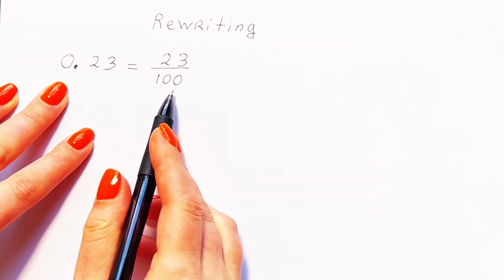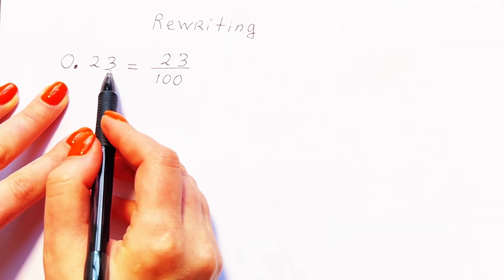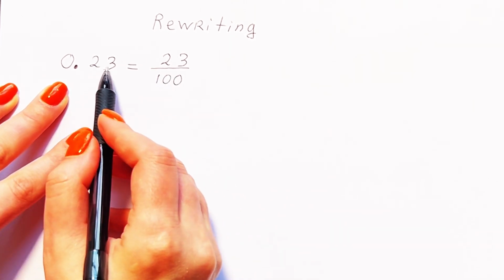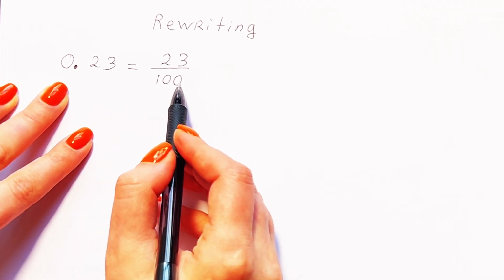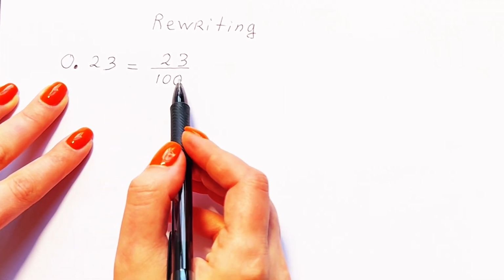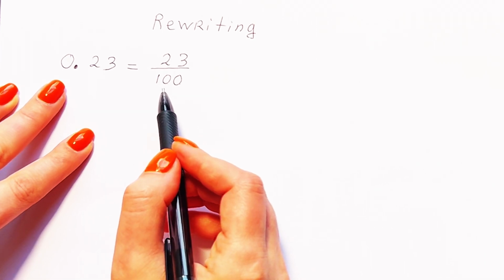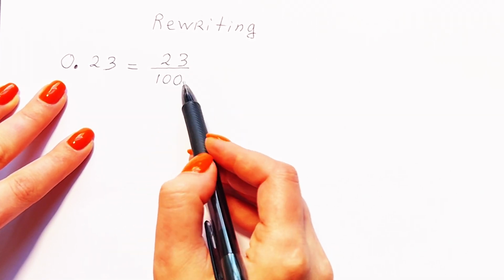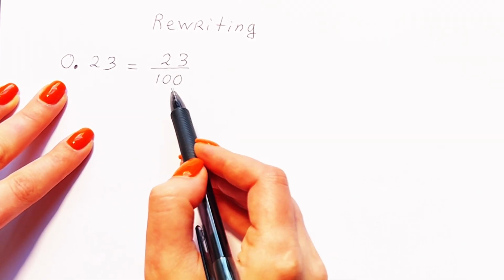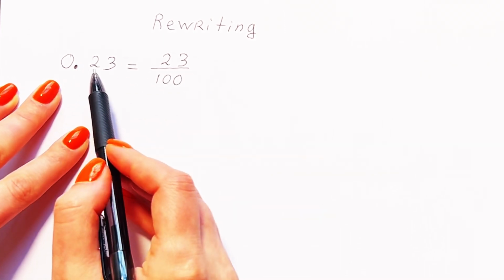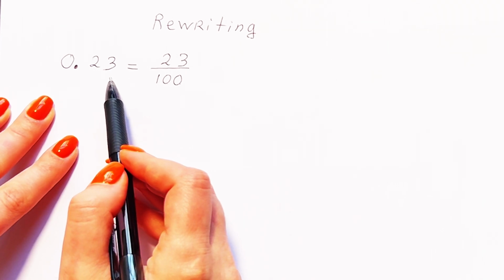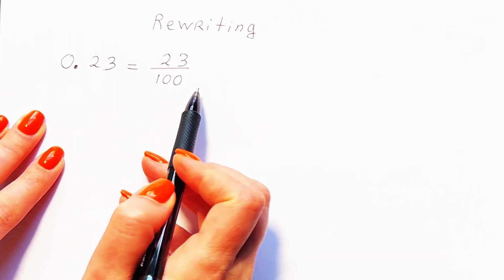It means 100. 23 goes to the numerator, 2 digits after decimal point, 2 zeros in the denominator. If I'm gonna read this number, I'm gonna say 23 over 100 or 23 hundredths. So 0 and 23 hundredths is equal to 23 over 100.